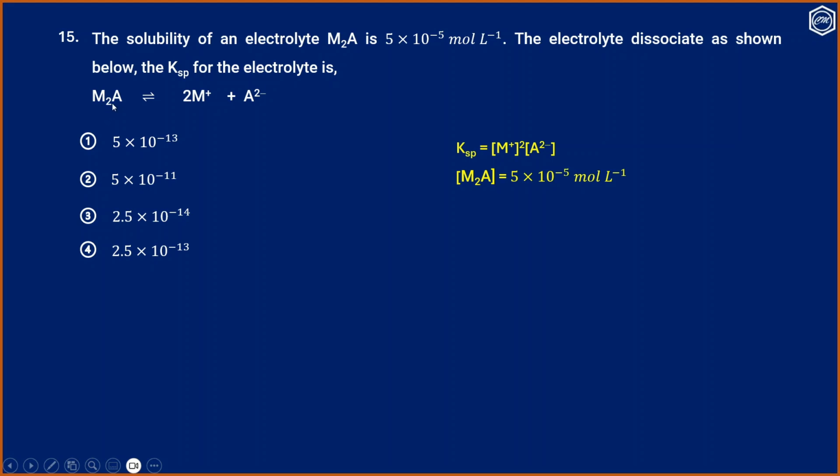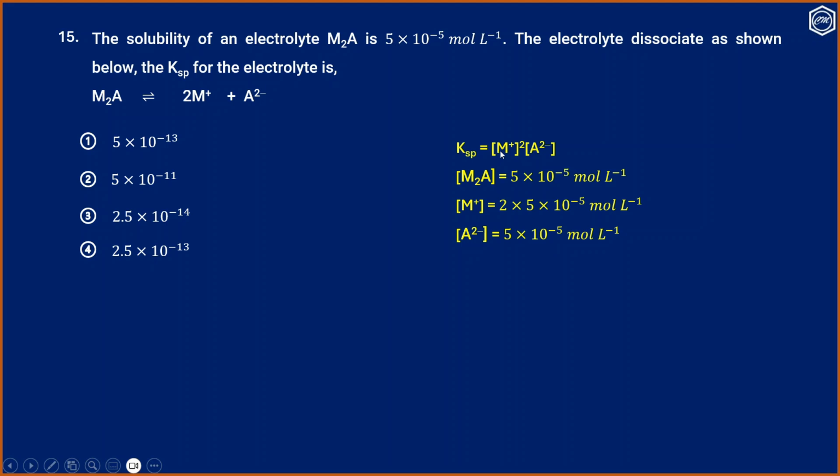When 1 mole of M2A dissociates, we get 2 moles of M+ and 1 mole of A2-. Therefore, the concentration of M+ will be twice that value, 2 into 5 into 10 raised to minus 5. But the concentration of A2- is the same as that of M2A, so that is 5 into 10 raised to minus 5 mole per liter.